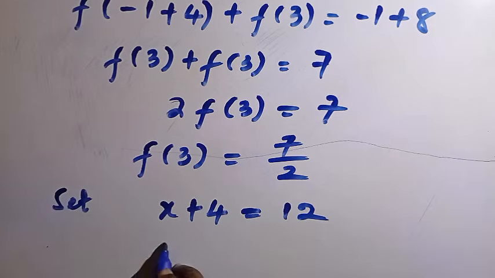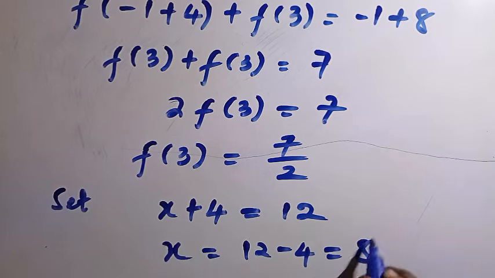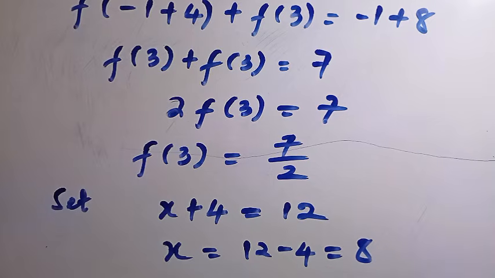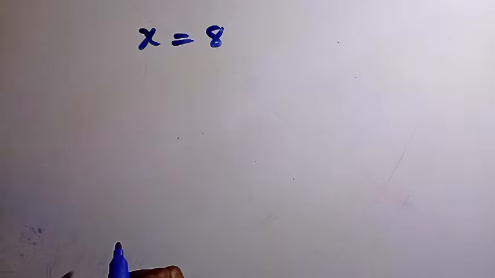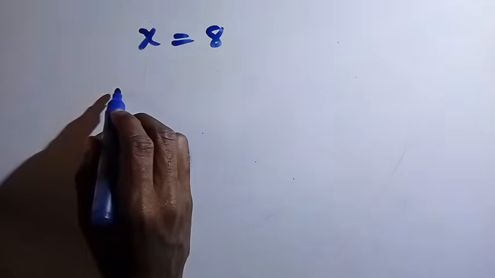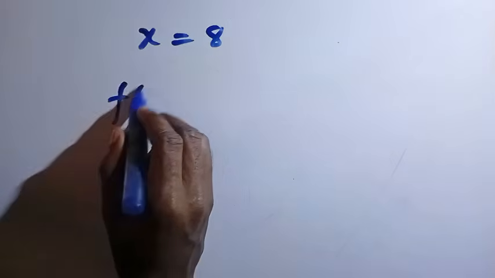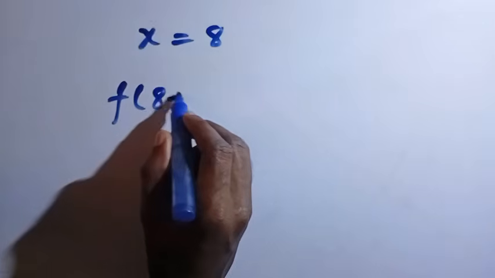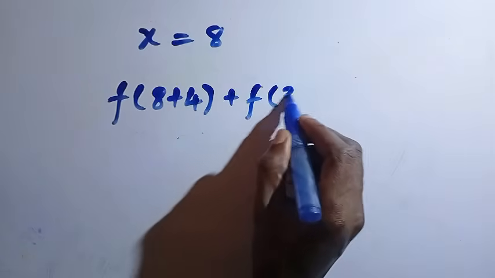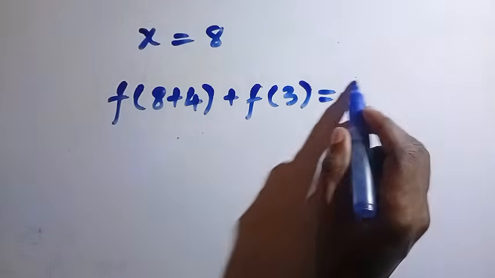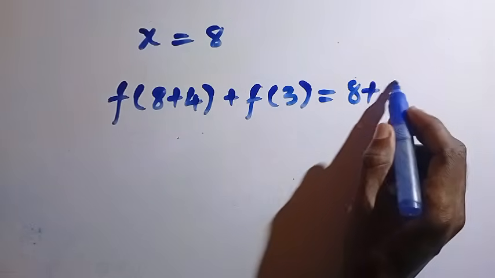Then we have x here equals 12 minus 4, which equals 8. We take back the substitution. So for x equals 8, let's substitute again. We are going to have f of 8 plus 4 plus f of 3 equals 8 plus 8.